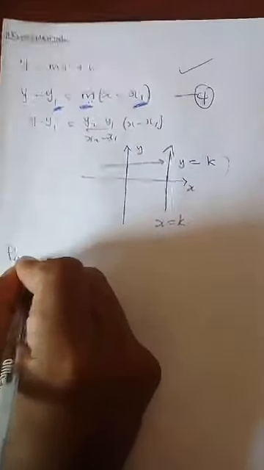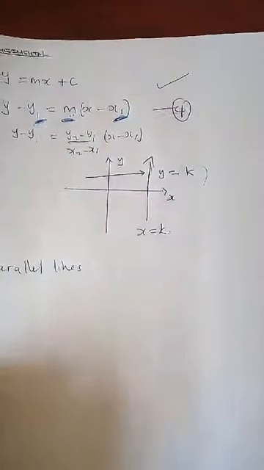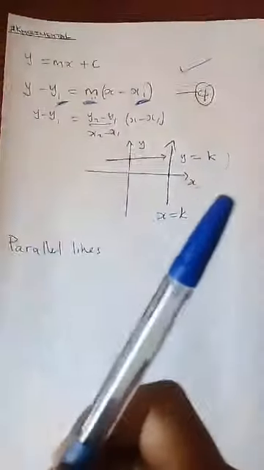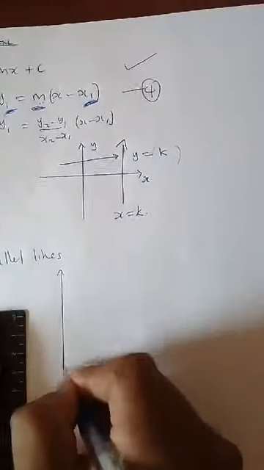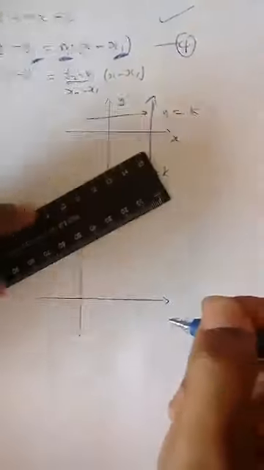And what about parallel lines? What can we say about parallel lines? Let me quickly try to get a picture so that we can visualize this. And let's say that is our x-axis, right?